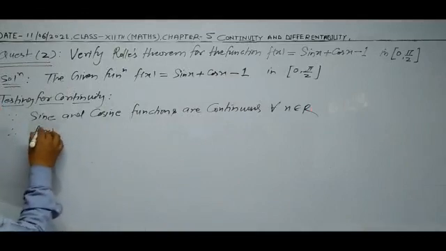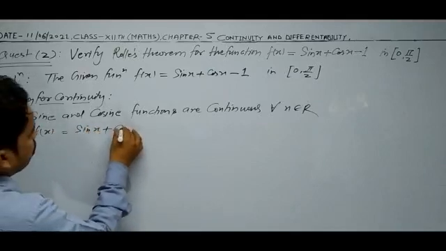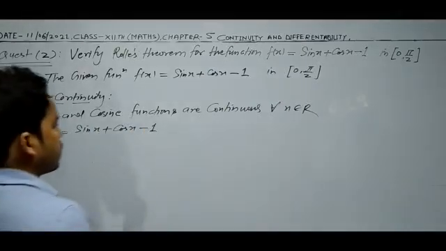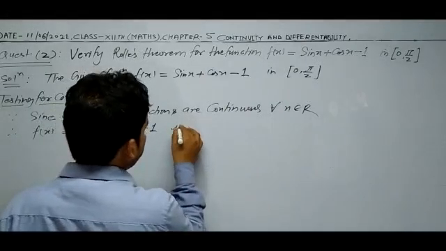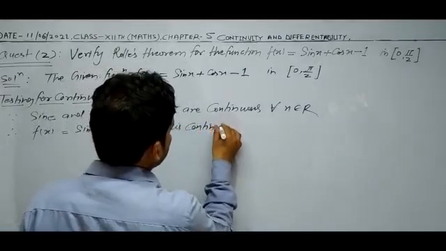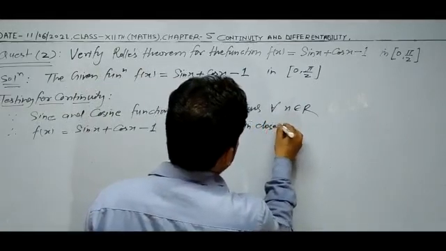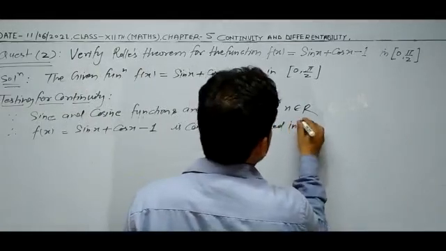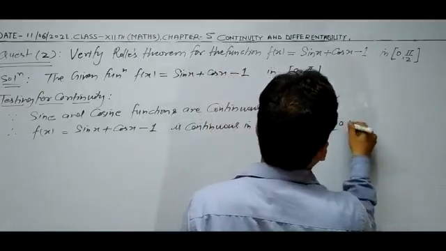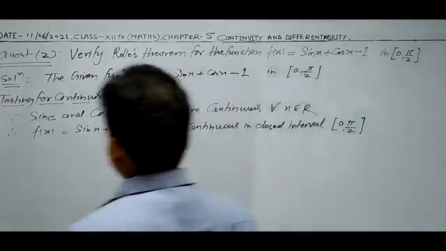function f(x) is equal to sin x plus cos x minus 1 is continuous in the closed interval 0 to pi by 2.